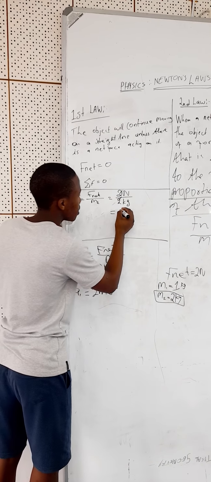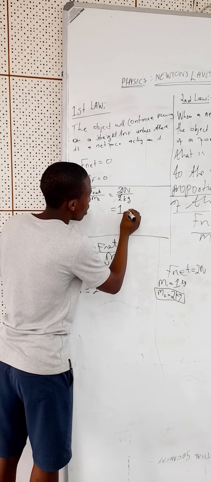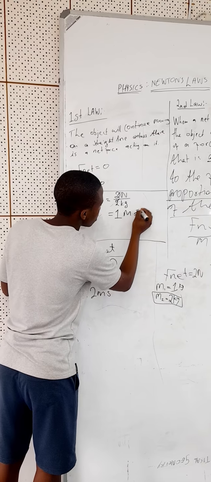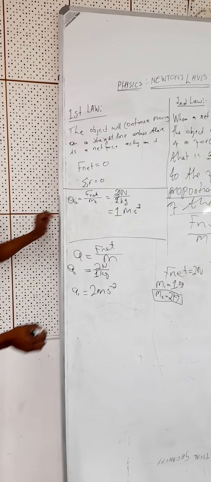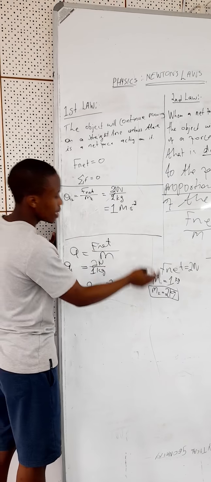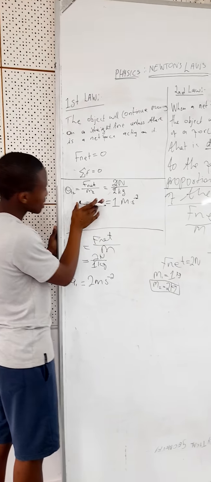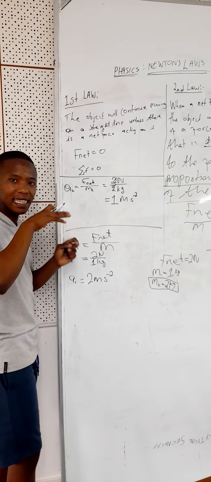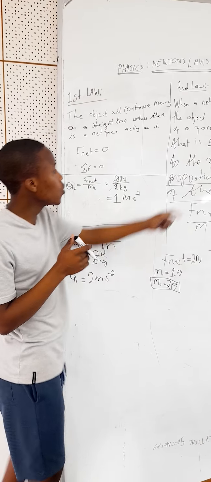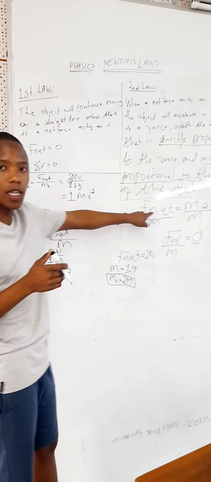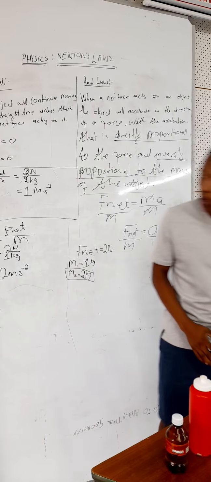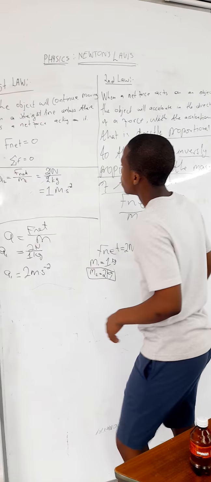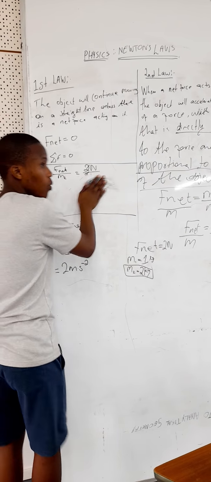This cancels, and we end up having 1 meter per second squared. So can you see now, the more we increase the mass, the more the acceleration decreases, proving this proportionality stated there. So let's quickly wipe the board.